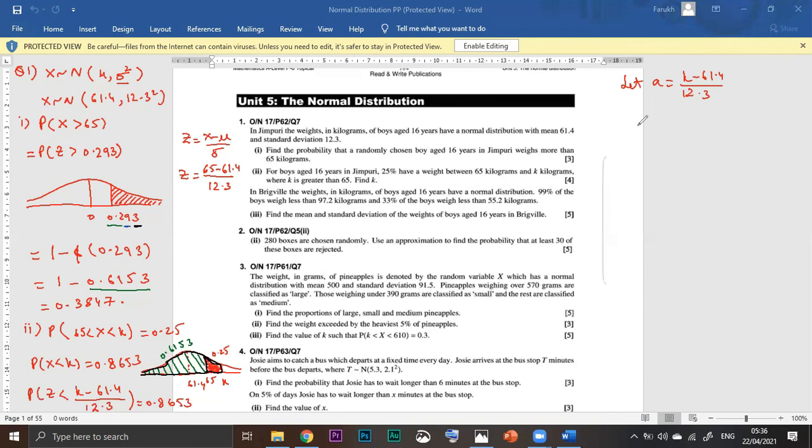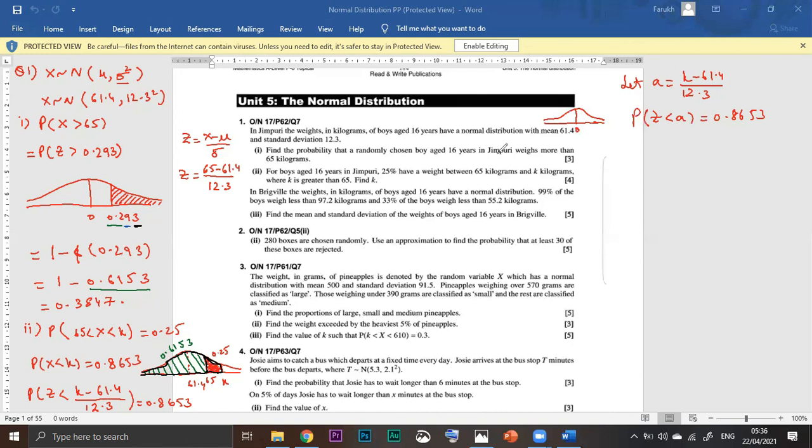Now, how to determine a is positive or negative? Mila, probability z less than a is equal to 0.8653. Draw a diagram for z. This one is the mean 0.